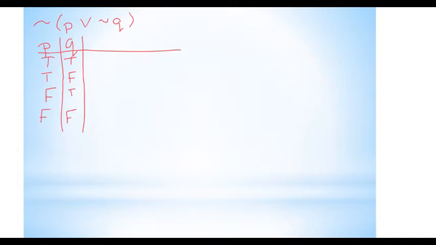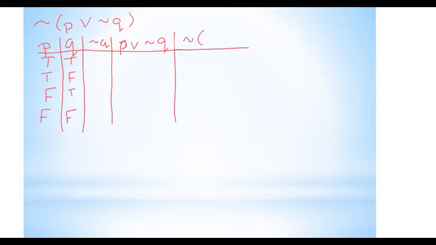Okay, so now for the parts of my statement, I need to do the parentheses first. I already have P on my truth table, but I need the negation of Q, so I'm going to add that column in. Then once I put the negation of Q in, I can do P or not Q, because I need to look at the statement on the inside of the parentheses before I can do the negation of the entire statement.